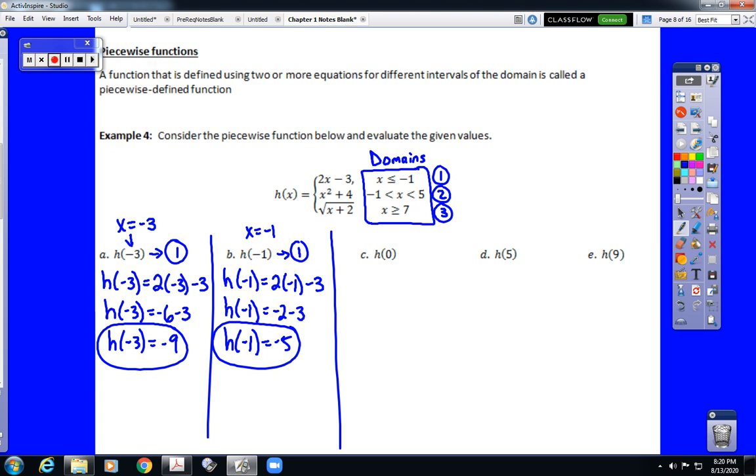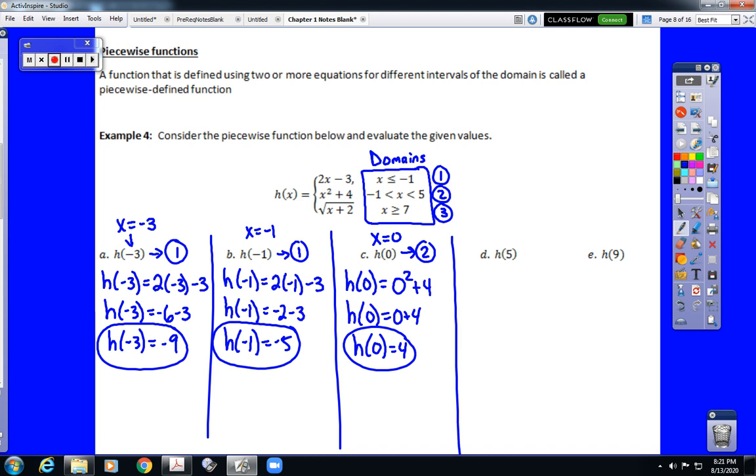For 0, we ask ourselves again, if x is equal to 0, which piece is that? That would be piece 2. So h of 0 is 0 squared plus 4, because now we're plugging into piece 2, which is x squared plus 4. So h of 0 would be 0 plus 4, or 4.